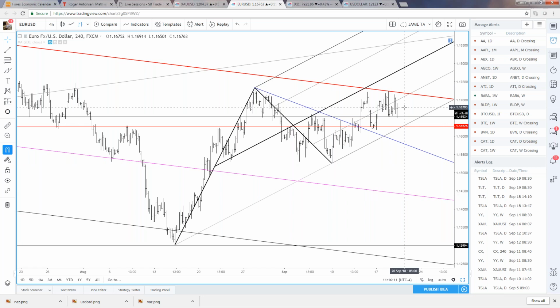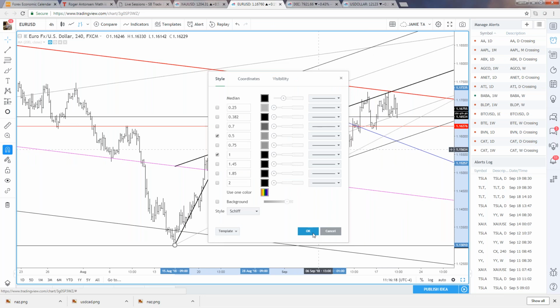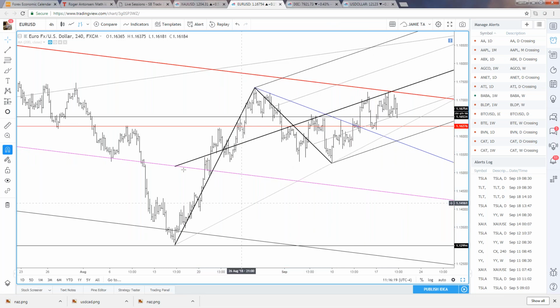So what's happened is you go to the next best option, okay? And that's going to be the shift fork. In the shift fork, the origin of your pivot is moved halfway on the y-axis, so on the price axis.